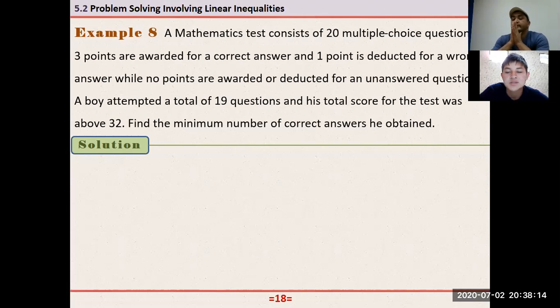Mathematics tests consist of 20 multiple choice questions. 3 points are awarded for a correct answer, and 1 point is deducted for a wrong answer.